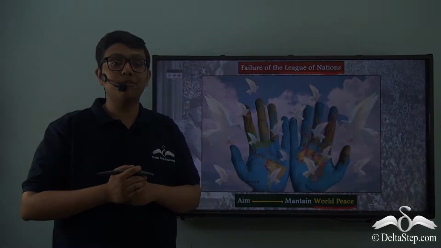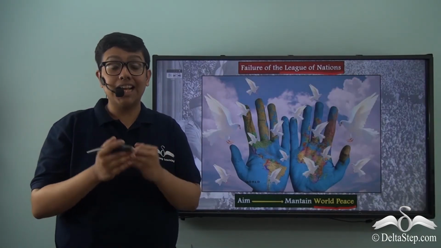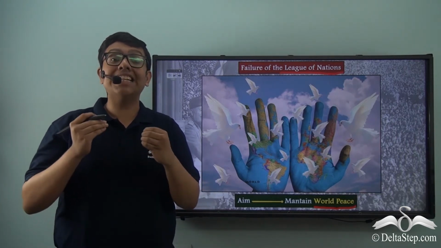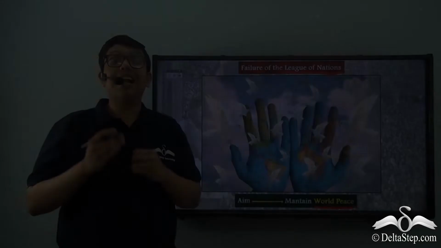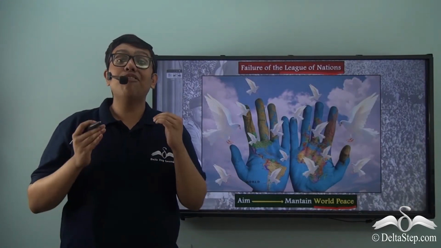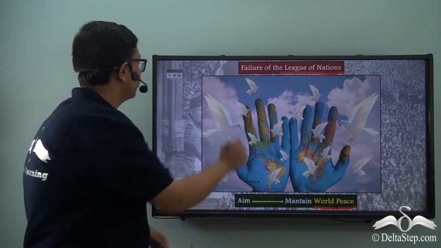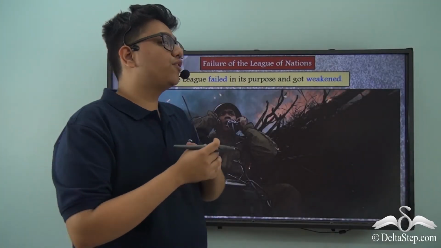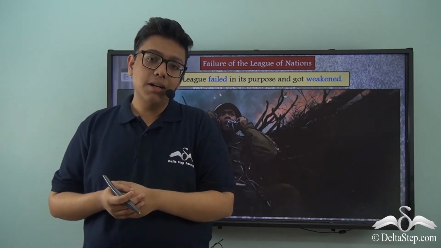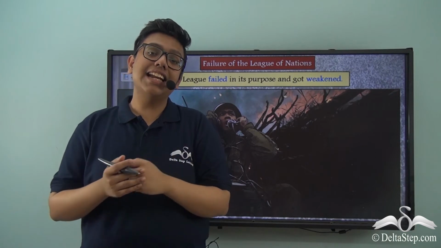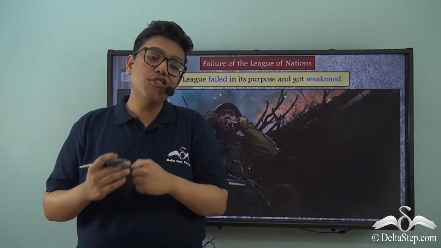But then the question comes up, how does a League of Nations, an organization aimed to maintain world peace, lead to the rise of a totalitarian ideology like fascism? That is because the League of Nations failed in its purpose, which led to the rise of fascism in Italy. So the League of Nations thus failed because of various reasons. But one particular cause was that it could not understand the sentiments and the frustrations of the people.